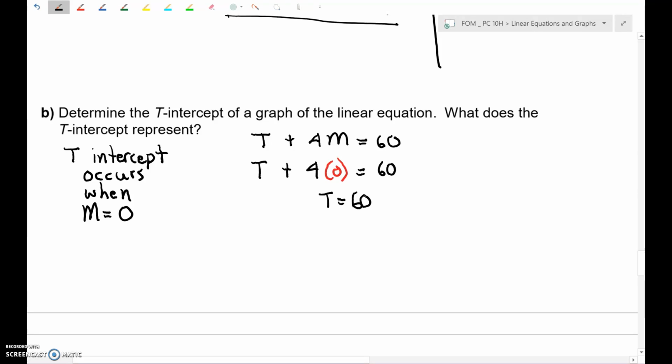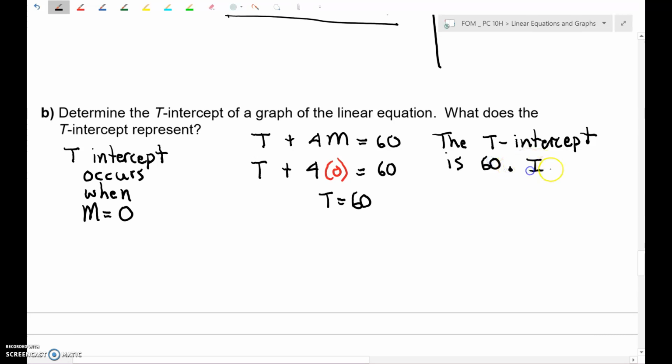And because t stands for the number of television shows that Spencer can download onto his laptop, it would represent the number of television shows that he can put onto his laptop if he doesn't have any movies. So the t-intercept is 60.